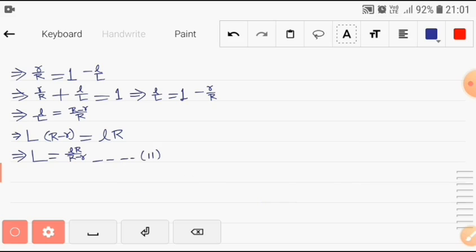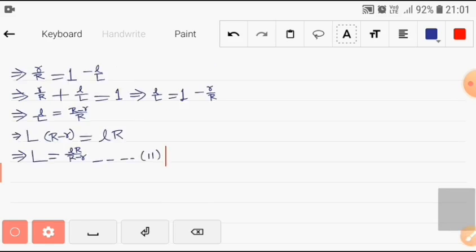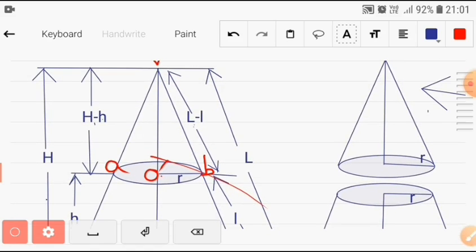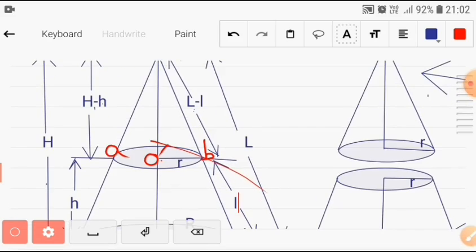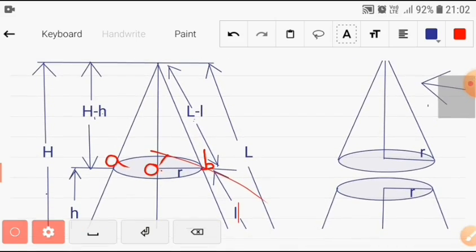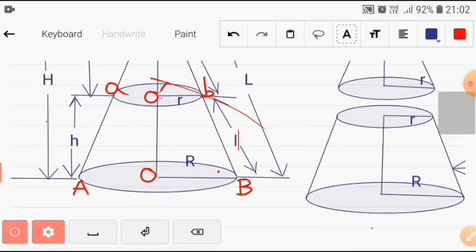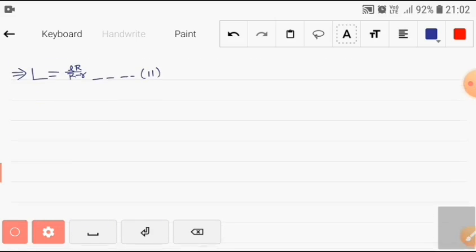Okay, now move to the next line, where, as we have seen, for finding the volume of the first term, we have to subtract the volume of the upper cone from the bigger cone. Okay, let's do it.